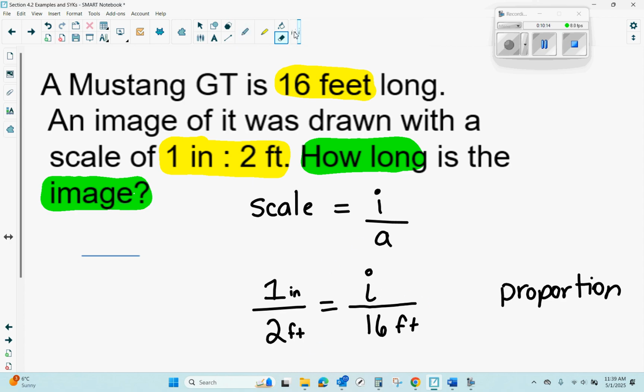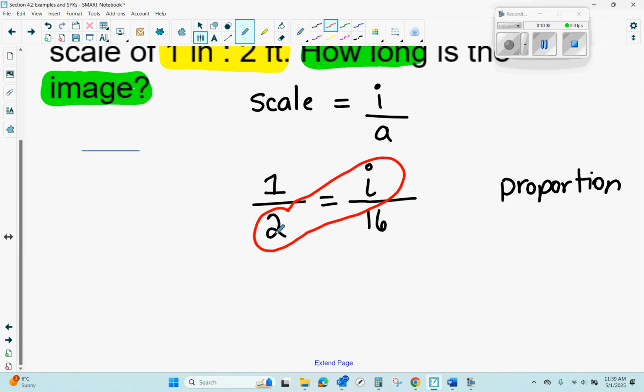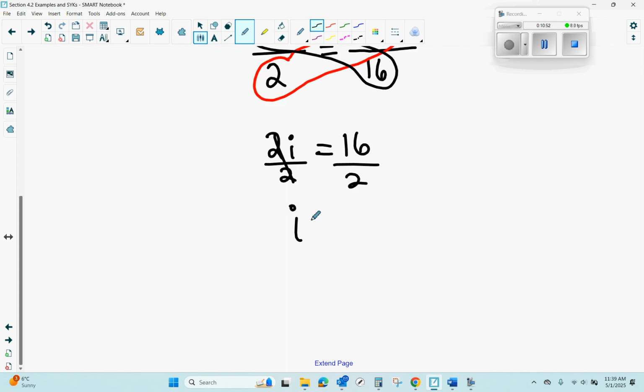We're going to solve for I, and I would ignore the units when solving for I or X. You can multiply both sides by 16, or, as we said last week, when you have a proportion like this, you can cross multiply. 2 times I is 2I, and 1 times 16 is 16. And then we would just divide by 2. Okay, so I equals 8.